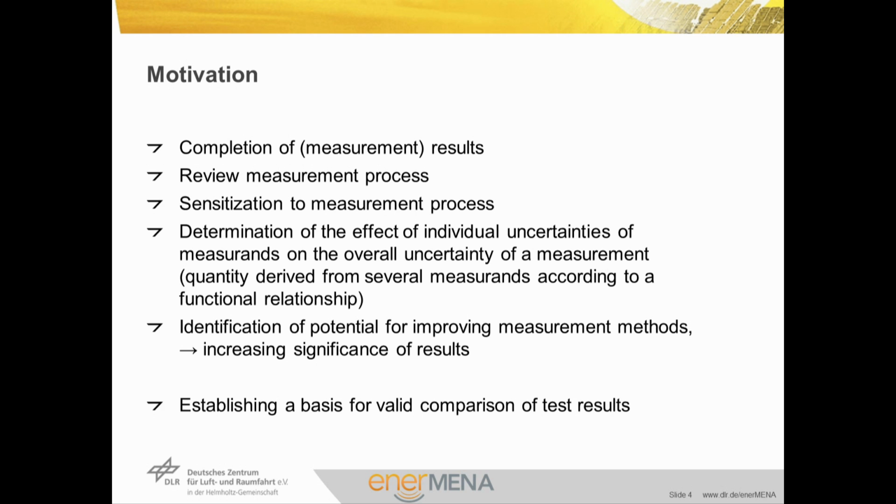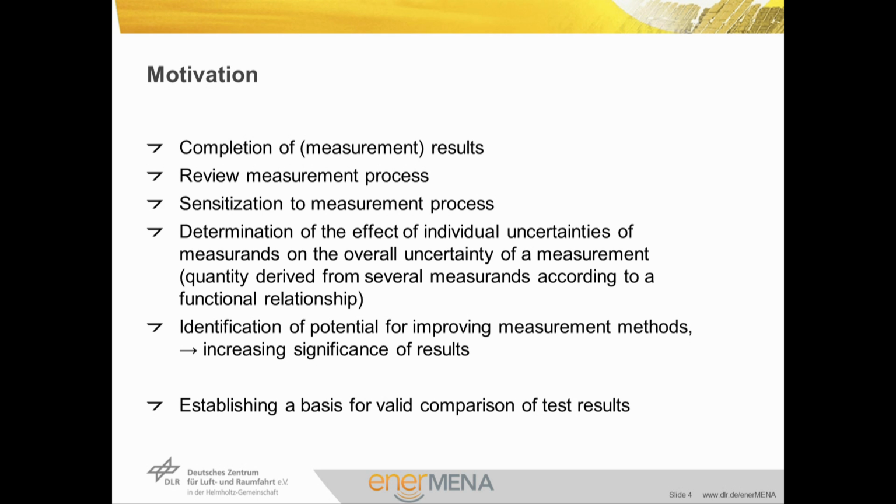the measurement process itself. Performance test results are typically derived from various measurements like temperatures, flow rates, irradiance, and so on. So there's a certain functional relationship between the actual measurements and the measurement quantity that is determined. In this context, it is instructive to determine the contributions of individual measurements to the overall uncertainty.